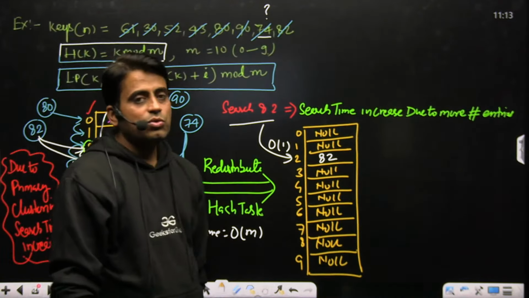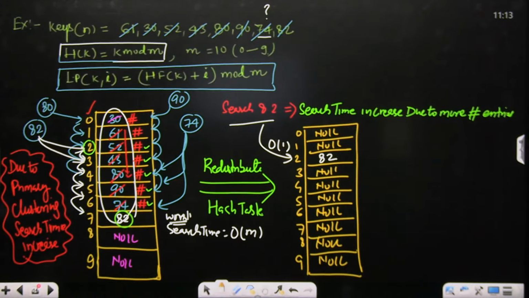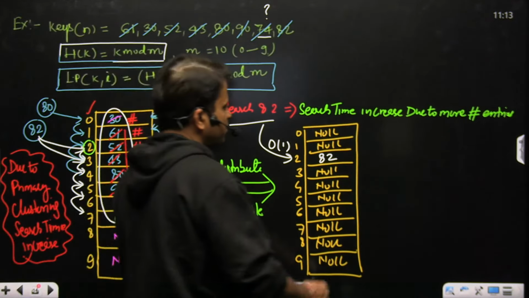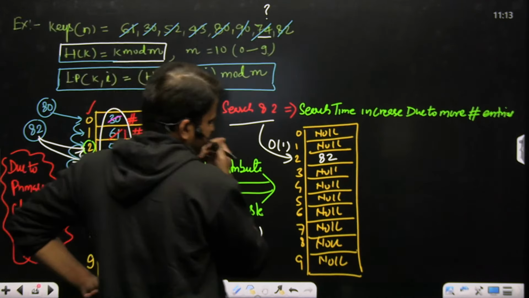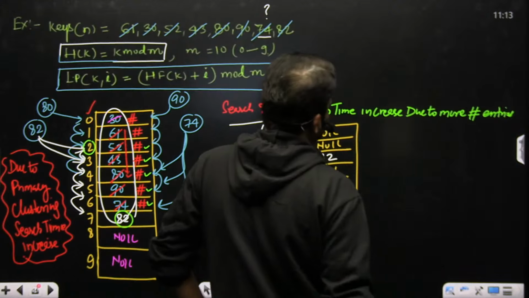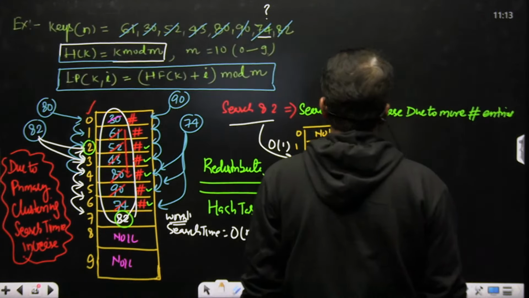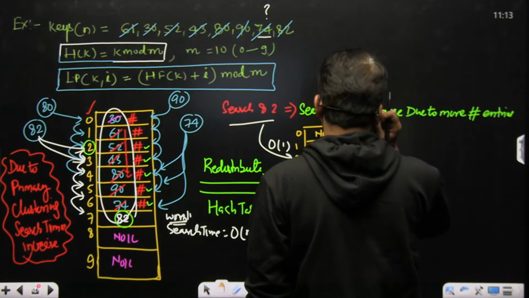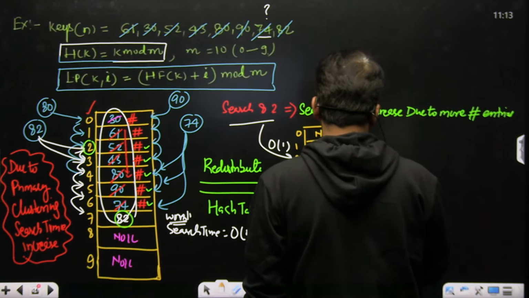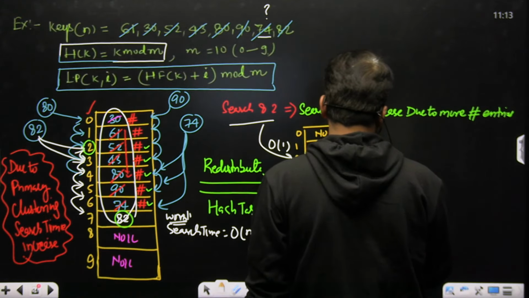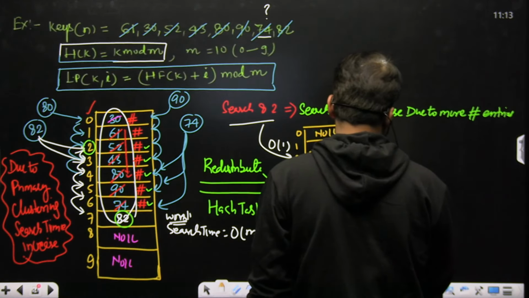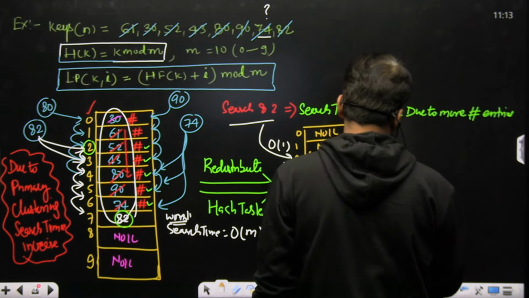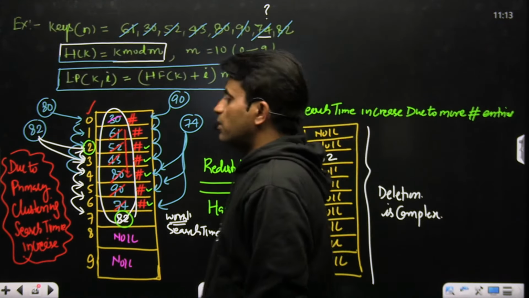Okay, so deletion is complex. Therefore, student, therefore deletion is complex because you have to redistribute. So therefore deletion is complex. अंडरस्टूड.